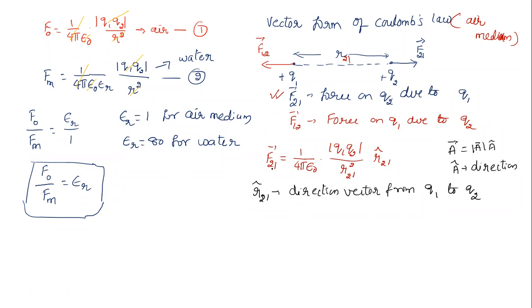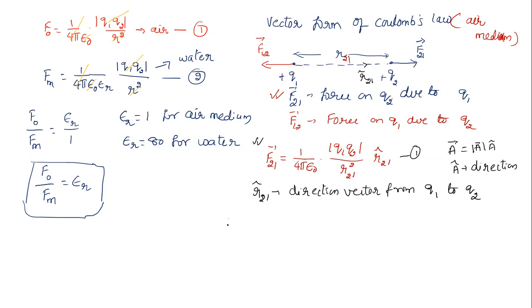F21 indicates force on second due to first charge. Force on second due to first charge means the force will be from 1 to 2, right? That's the reason the direction vector is from 1 to 2, R21 cap. Let us take this as equation number 1. This is the vector form for force on second charge due to first.